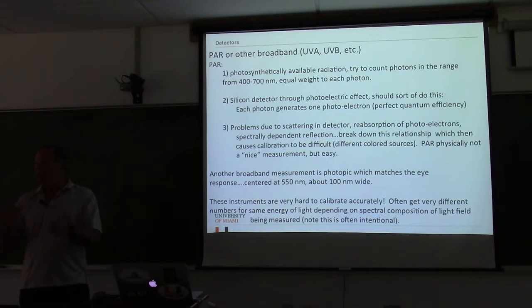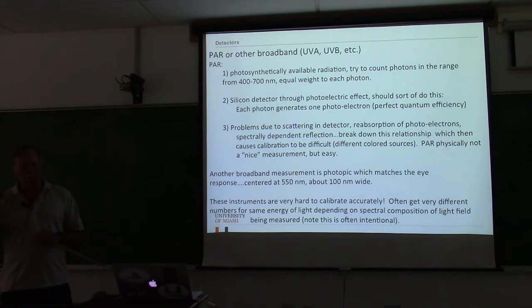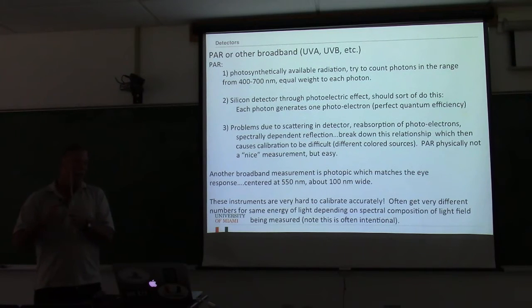But with spectral differences between the two, if your detector isn't perfect at getting the quantity you want, like if a PAR sensor isn't perfect at converting every photon between 400 and 700 to a photoelectron and measuring that, then you're going to get a calibration number that's going to depend somewhat on the spectrum of the light you're looking at.